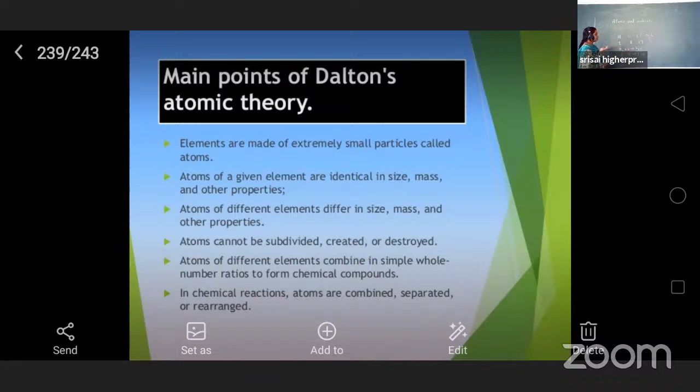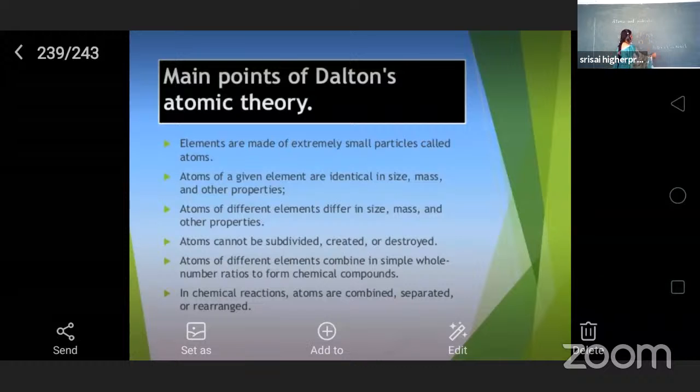Next, can you give some examples of how you can form chemical compounds, students? Sodium plus chloride gives rise to sodium chloride. And what is the atomic number of sodium, students?